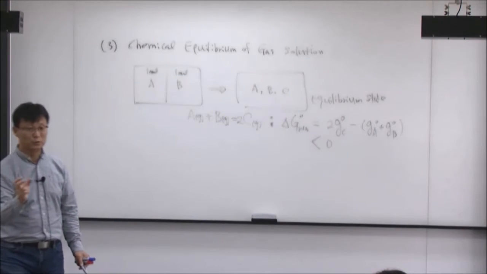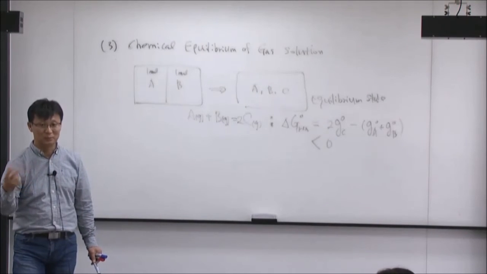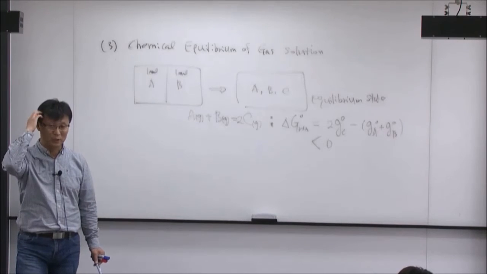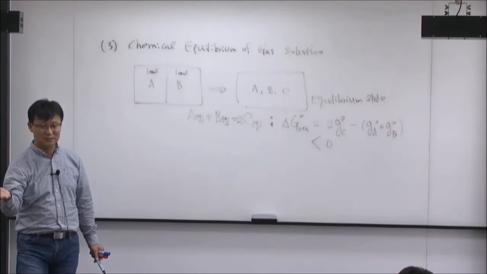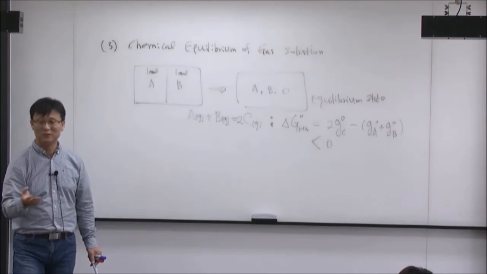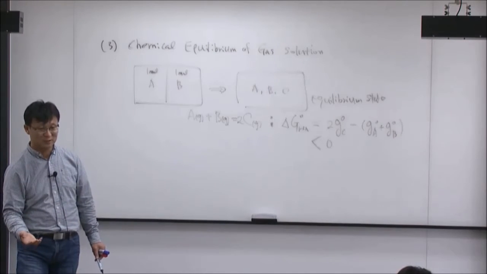So the Gibbs energy of a solution can be decreased because of the existence of some other component in the solution, okay? So now we have to really compare that. Is pure C gas the lowest energy state, or could about 80% of C with 10% of A and 10% of B be the lower energy state?